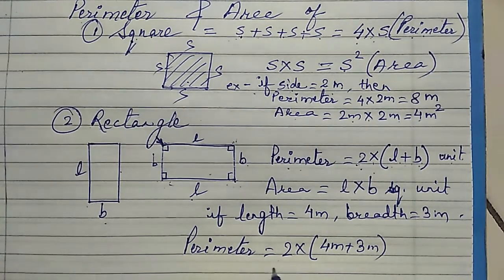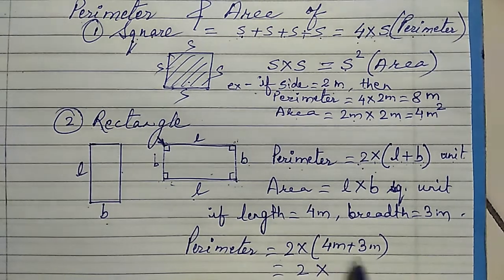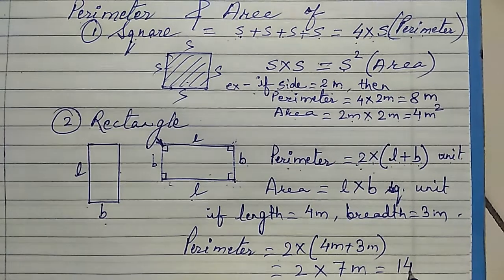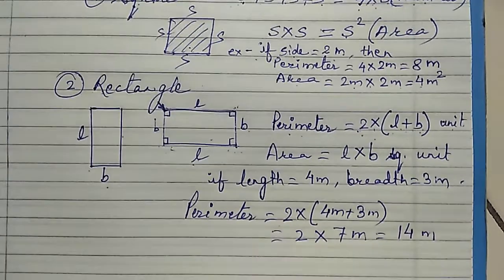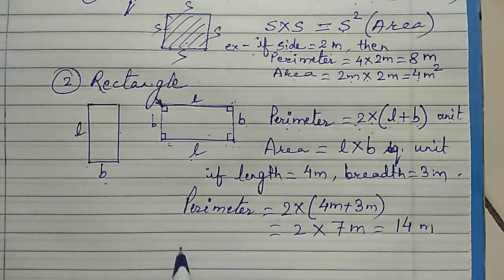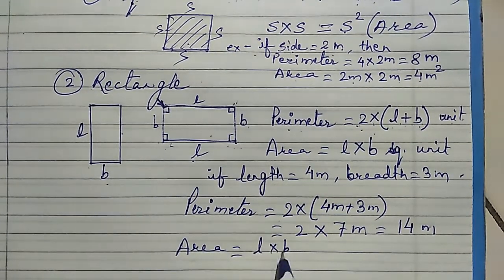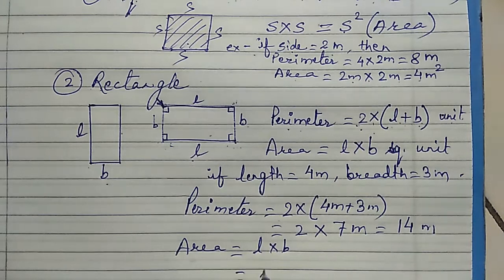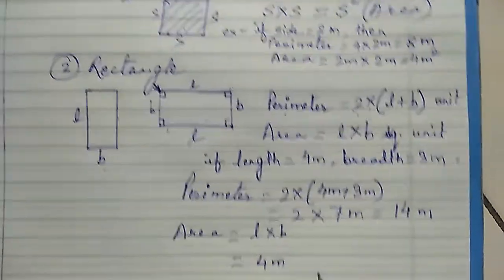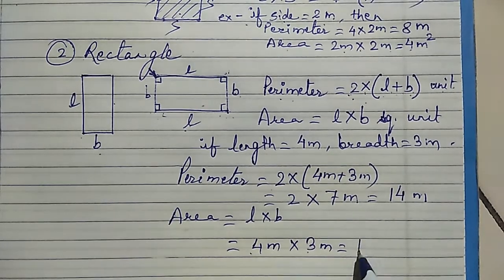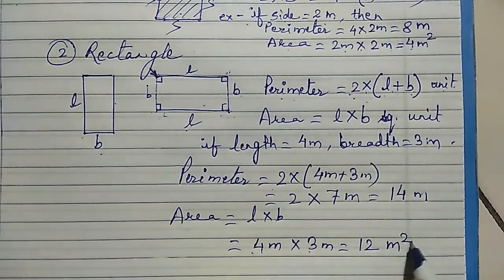So 2 multiply by 4 meter plus 3 meter is 7 meter and it is 14 meter. Now what is the area? Area of the rectangle will be L multiply B. इसका मतलब क्या हुआ? L was 4 meter and it is multiplied by 3 meter. 3 4s are 12 and the square unit.